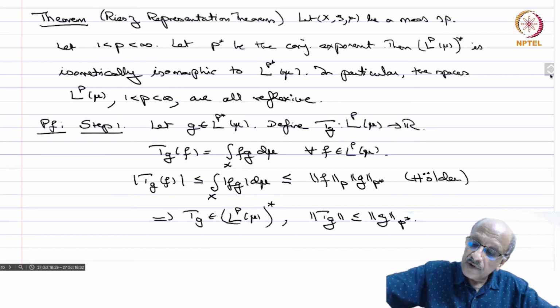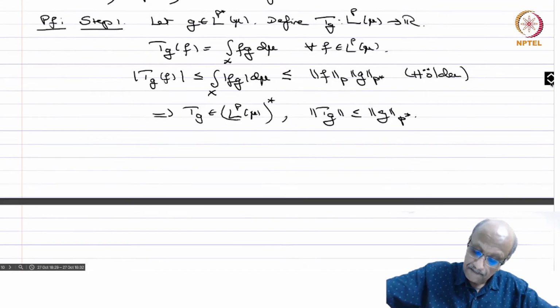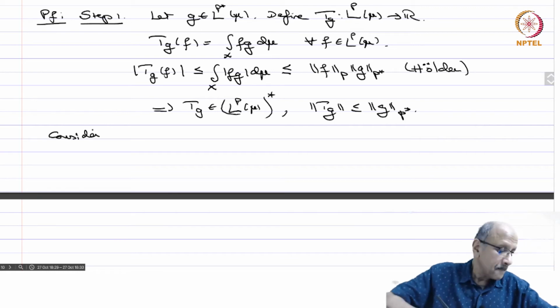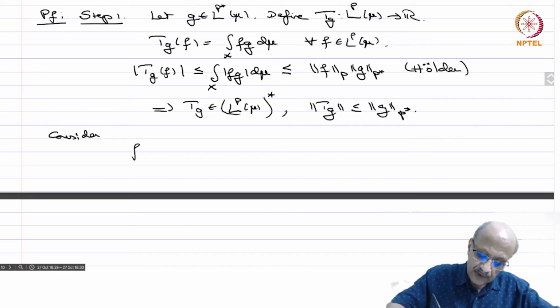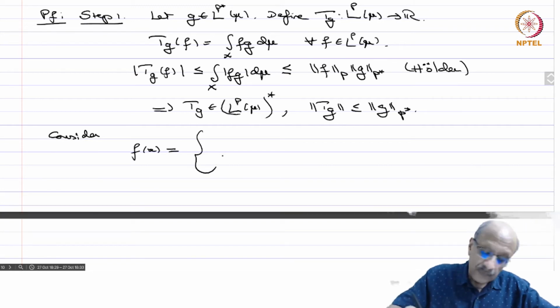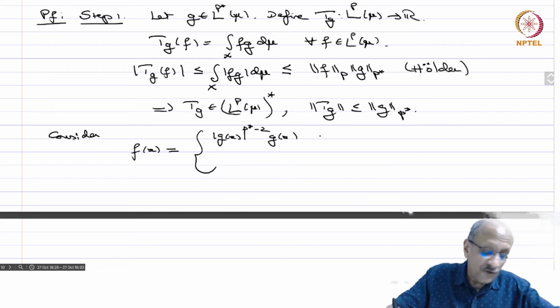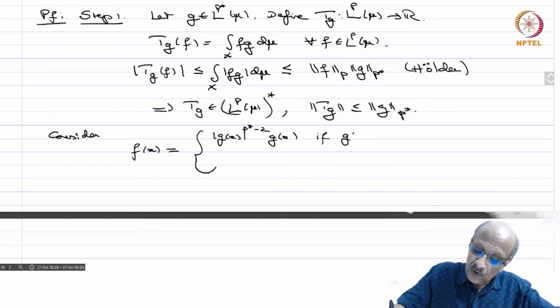So now consider the function f of x defined in the following way: |g(x)| to the p star minus 2 times g(x) if g(x) is not 0, and 0 if g(x) equals 0.